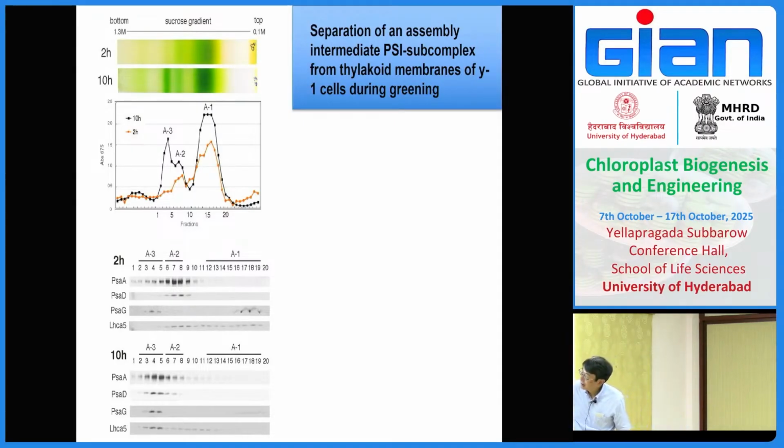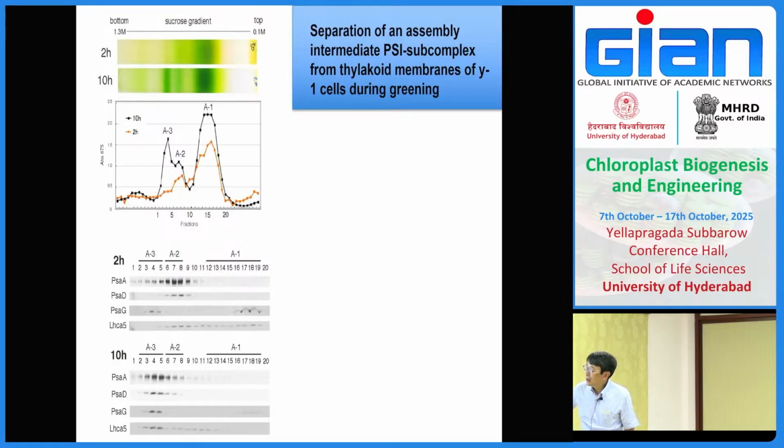After 10 hours, you detect the signal in A3, but here A2. Also PSAA, D, G, and LHC1 were mostly separated at the same position. Here a small amount of PS1 is present in A3, but the major PS1 separated in A2.